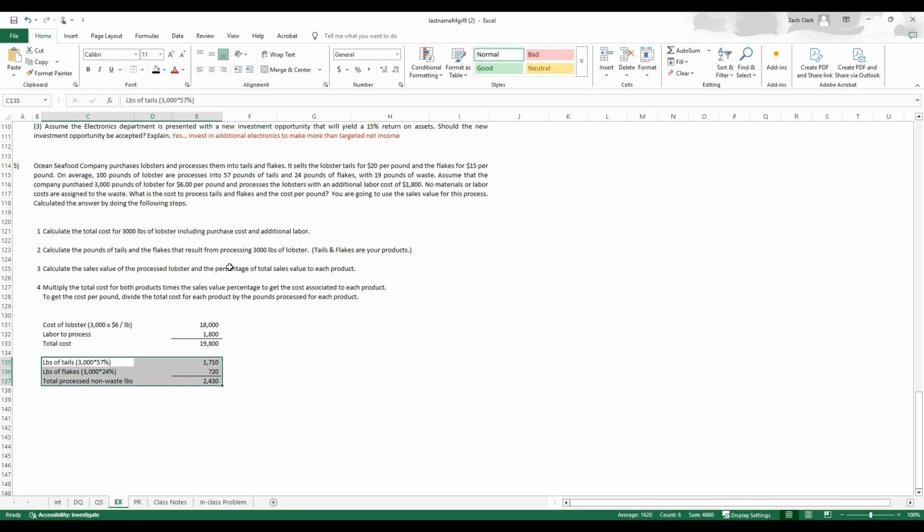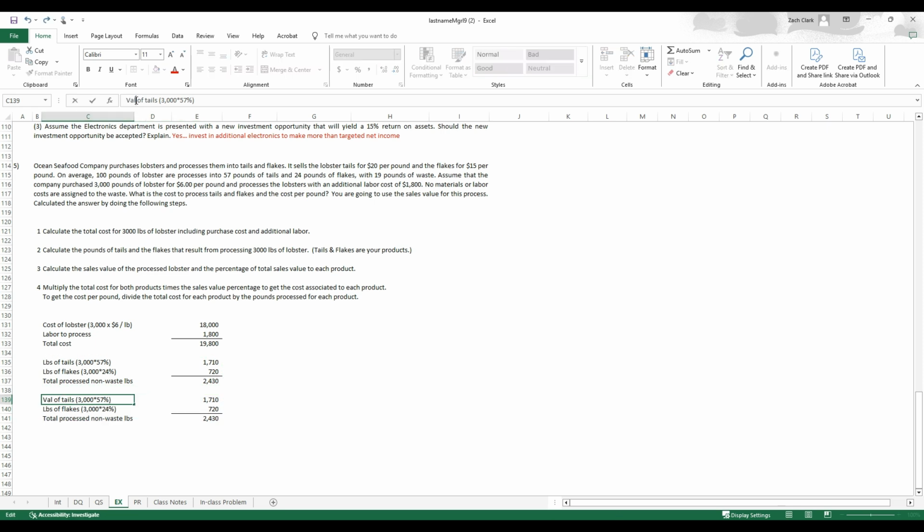Okay, now let's look at the sales. So calculate the sales value of the processed lobster. And let's say the value of the tails. In this one, we have 1,710 pounds, right, times $20 per pound.